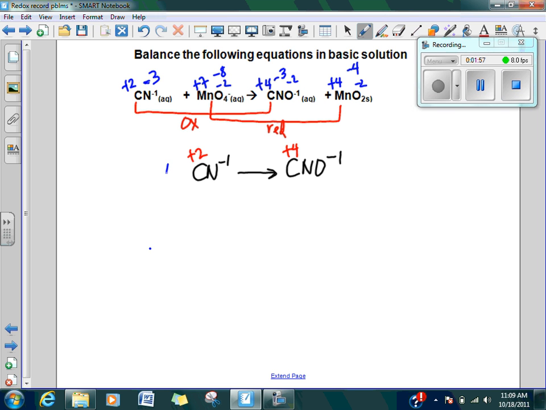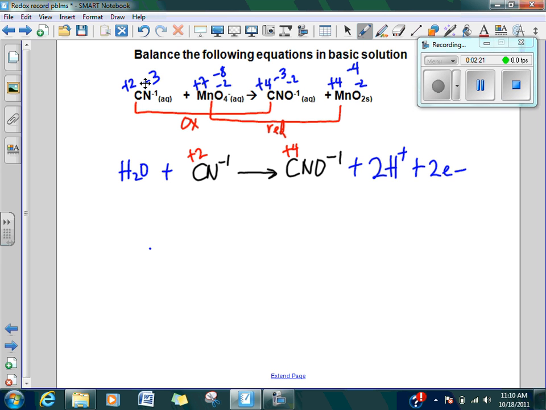My oxygen, I'm going to balance with 1 water. And now I have 2 hydrogen ions on that side, so I'm going to put my 2 hydrogen ions on this side. Now I need to take a look and balance my electrons. So I have a +2 going to a +4. If I add 2 electrons, because you remember they are negative, that is going to balance out that half reaction.